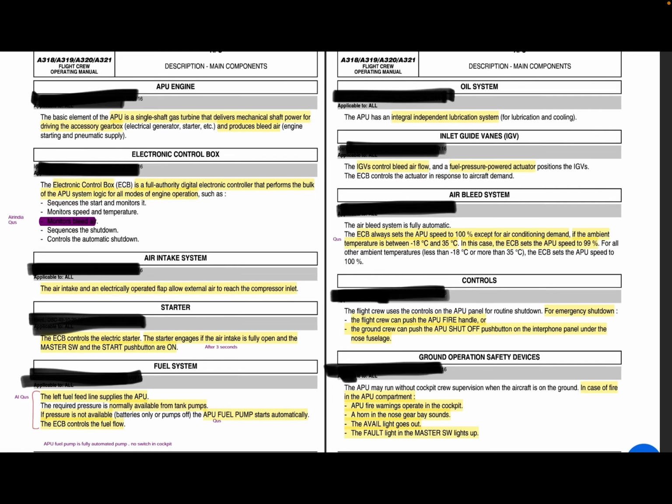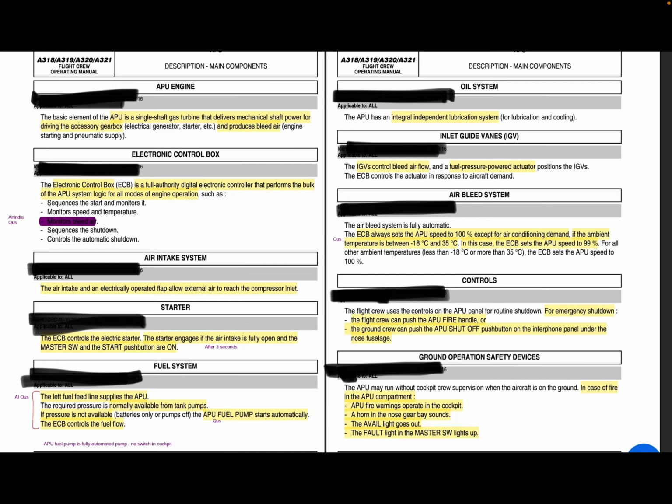Now we have air bleed system. This is important, and I have seen a few questions from this point. The air bleed system is fully automatic. APU bleed has priority over engine bleed system. In normal conditions, APU runs at 100% of its capacity to supply the demand.